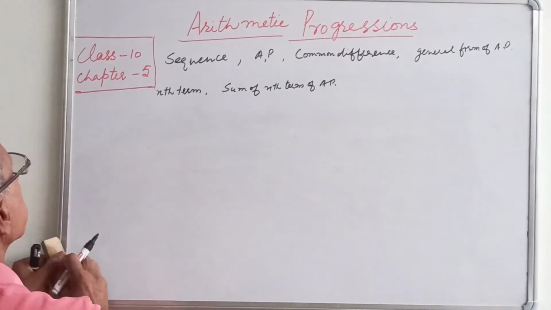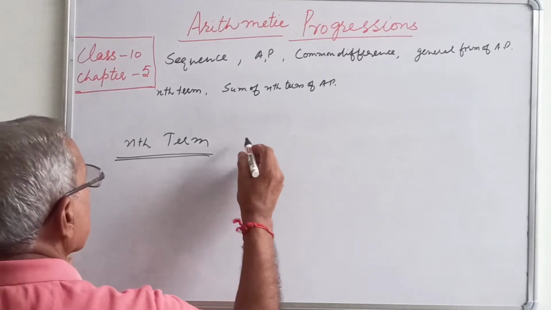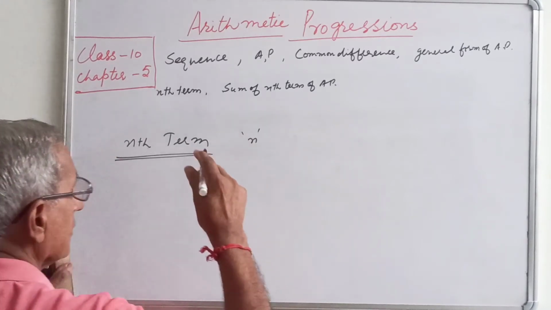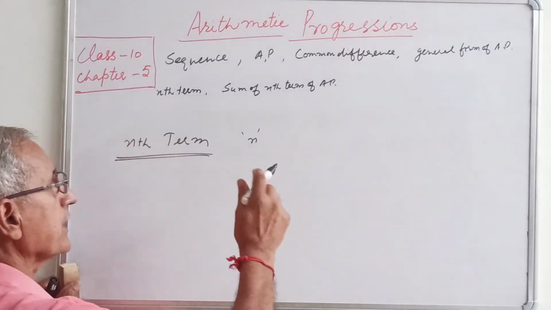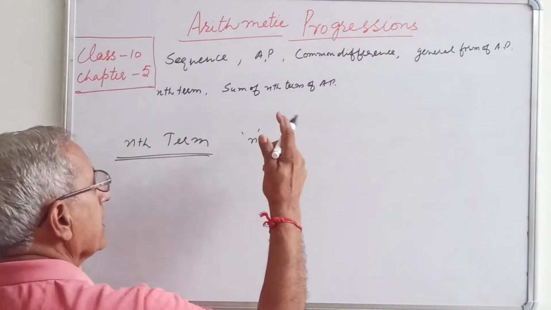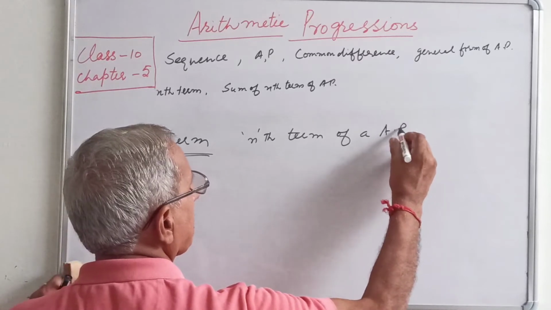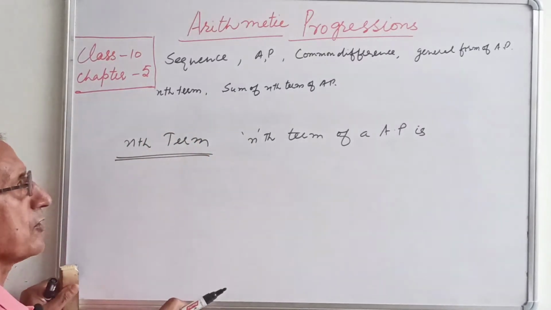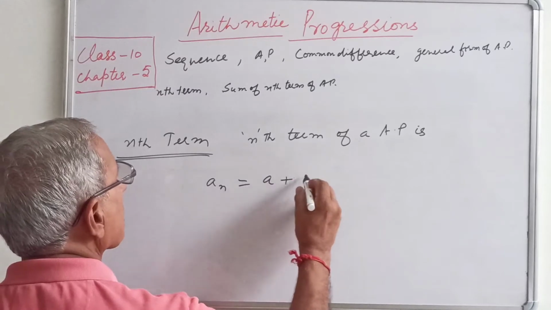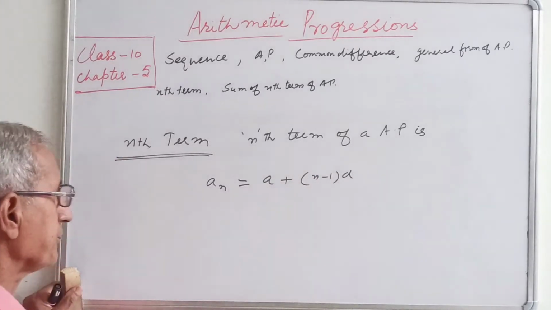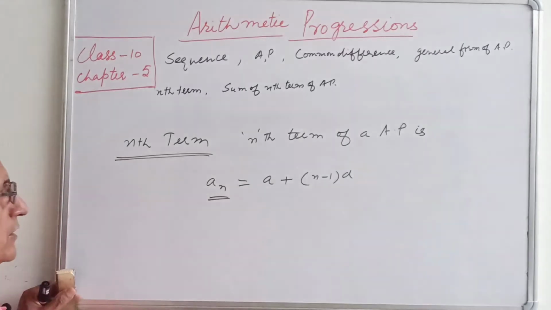The nth term. For a given AP, if we want to find the nth term, where n is the number of the term, then the nth term of an AP with first term A and common difference D is given by the formula An equals A plus n minus 1 into D. Here A is the first term, D is the common difference, and An represents the nth term of the AP.